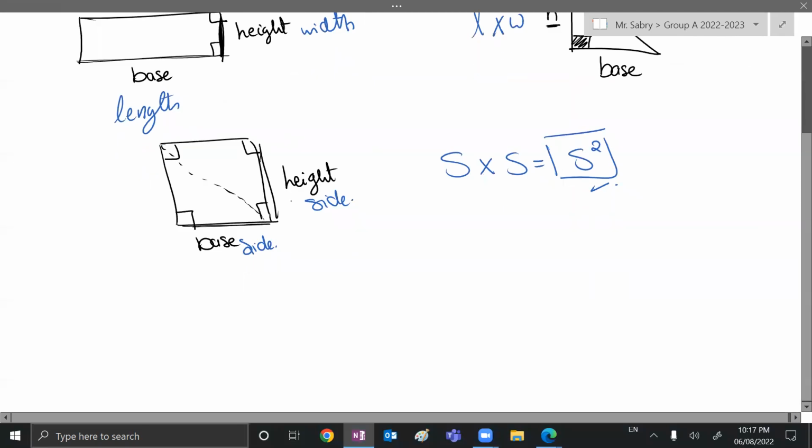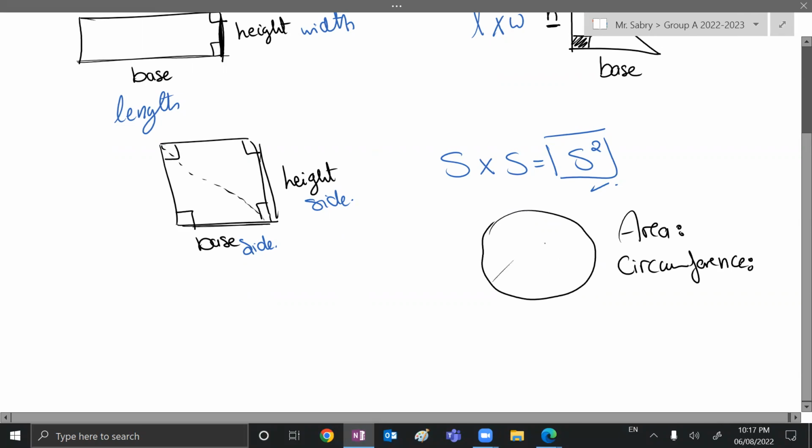Right? Then we talk about the circle. The circle has a very special rule for the area and a very special rule for something else called the circumference. The area of the circle is this region here, and I cannot actually get the area or the circumference unless I have the radius.